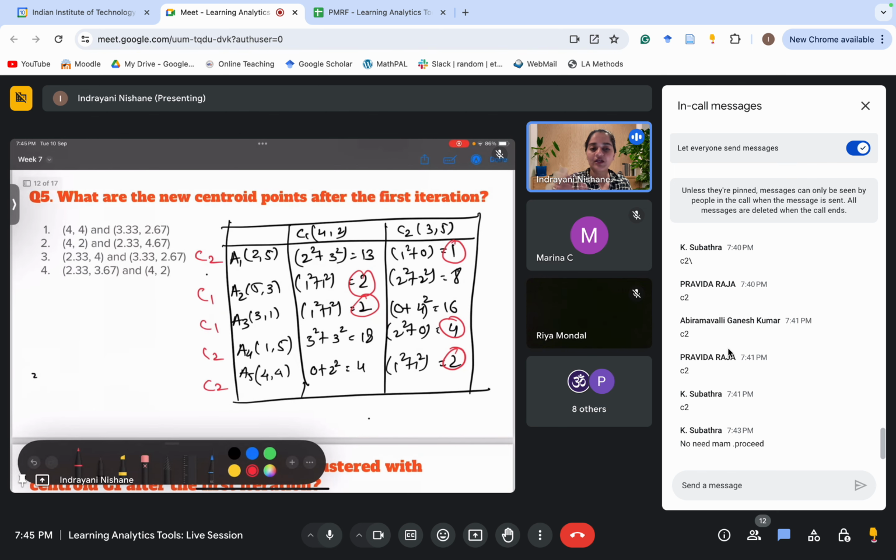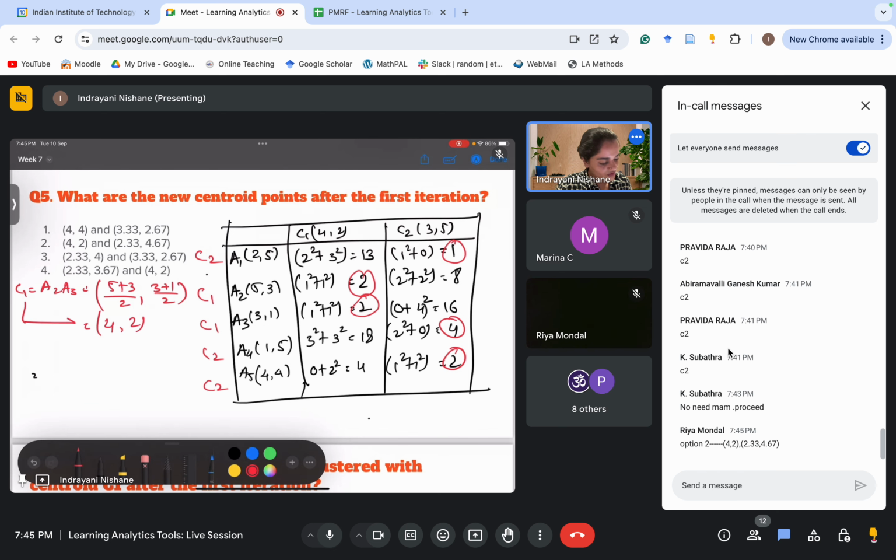So we were computing the new centroid. New centroid C1 is from A2 and A3, which we will average out. 5 plus 3 divided by 2. We are computing the mean of x coordinates and y coordinates, right? And 3 plus 1 divided by 2, which are 8 by 2, 4, and comma 2. So this is the new centroid C1.